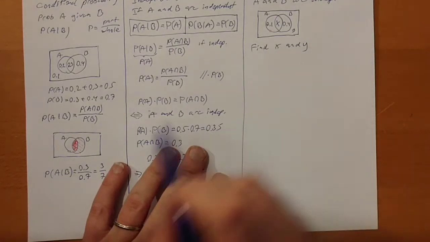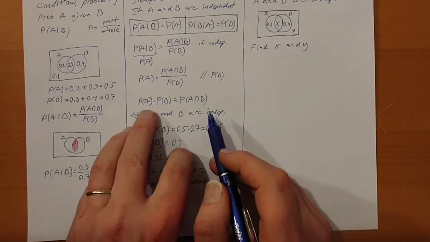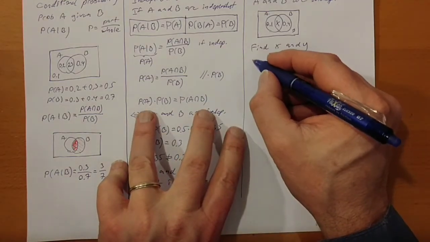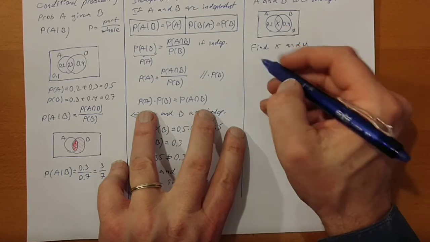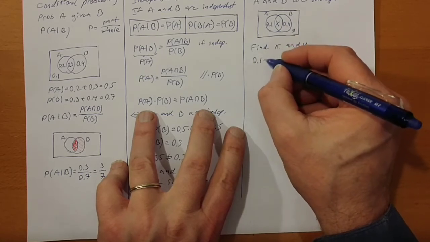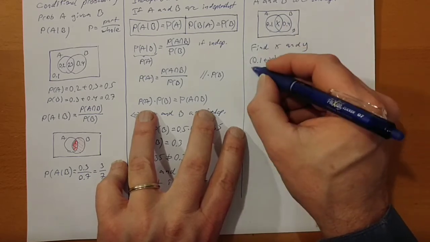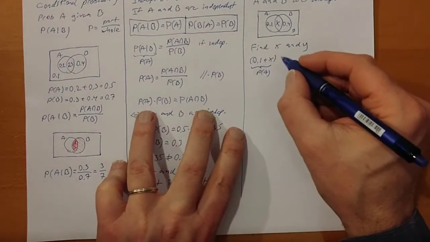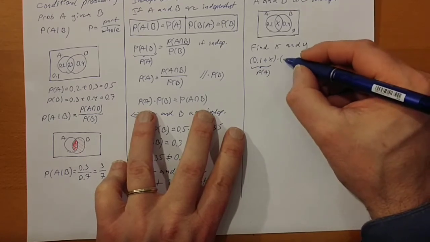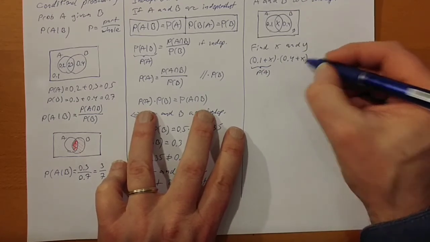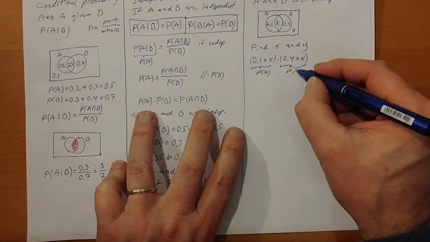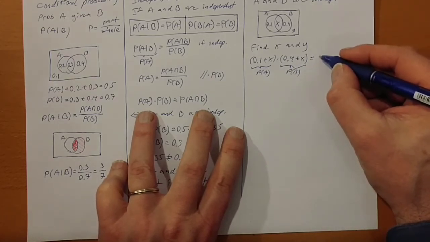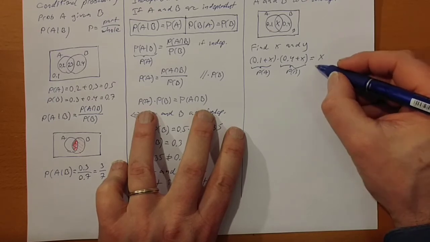So they are independent, which means that we can use this formula, and the probability for A is 0.1 plus x, right? This is the probability for A to happen, times the probability for B to happen, which is 0.4 plus x. That is the probability for B to happen. And that should be equal to the probability for the intersection to happen, which is x.